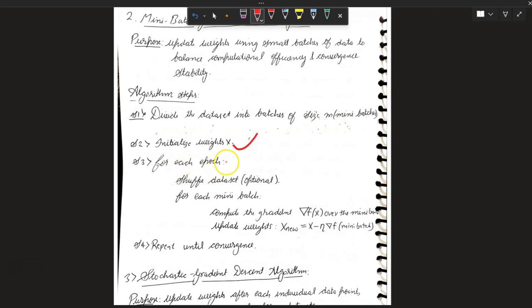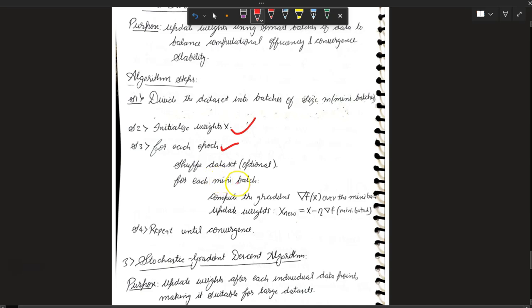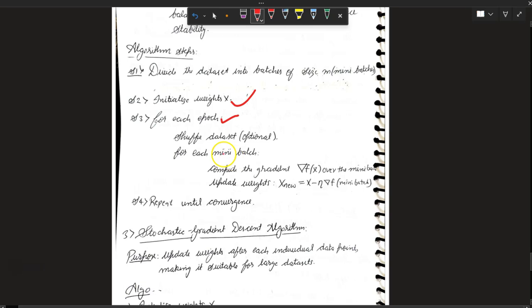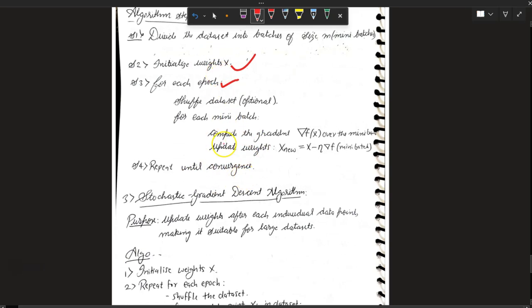For each epoch: epoch means the complete cycle when the iteration goes through the whole data set and updates the values. For each epoch, shuffle the data set, which is optional. For each mini batch, compute the gradient separately, update weights, and repeat until convergence, until you get the close value. That is the whole algorithm.